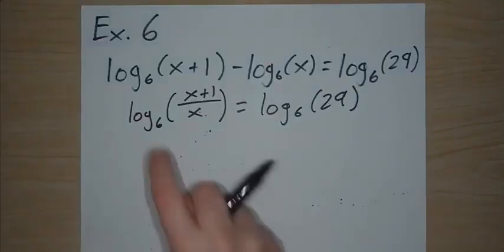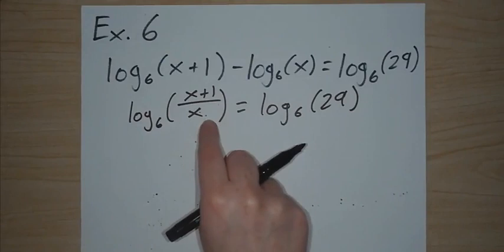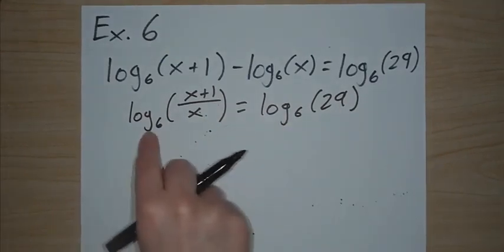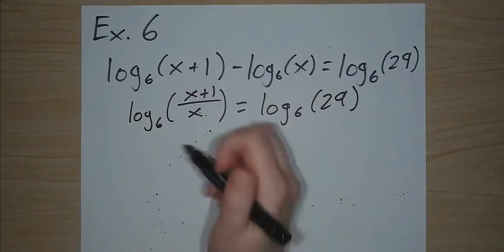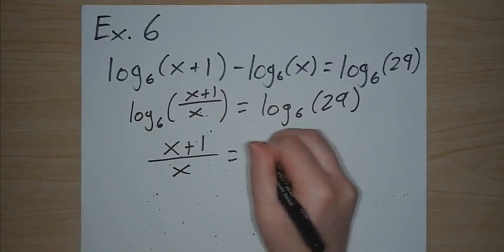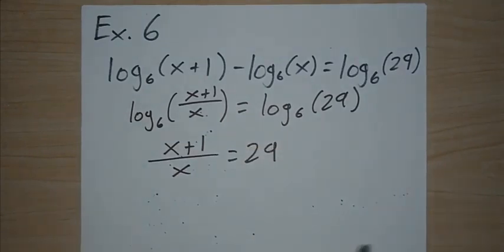So we can rewrite log base 6 of x plus 1 over x equals log base 6 of 29 by simply undoing the logarithms on both sides, as x plus 1 over x is equal to 29. That's by far the easiest way, but the other ways would work too if you didn't know about that rule.